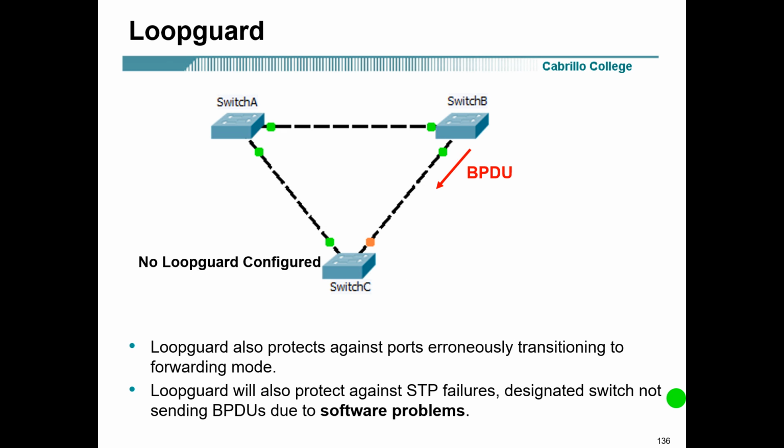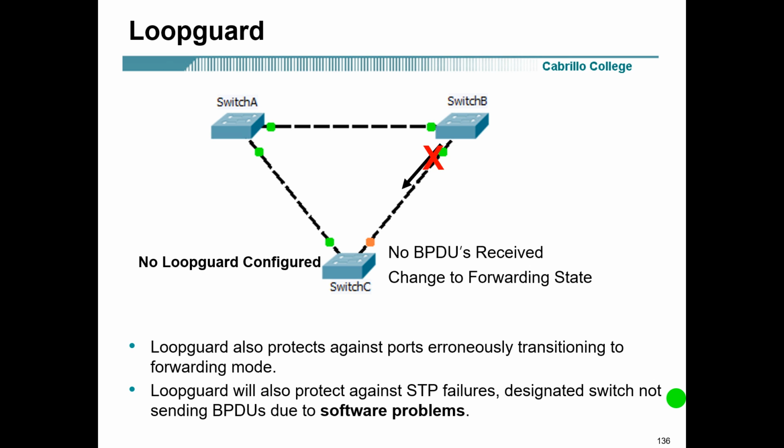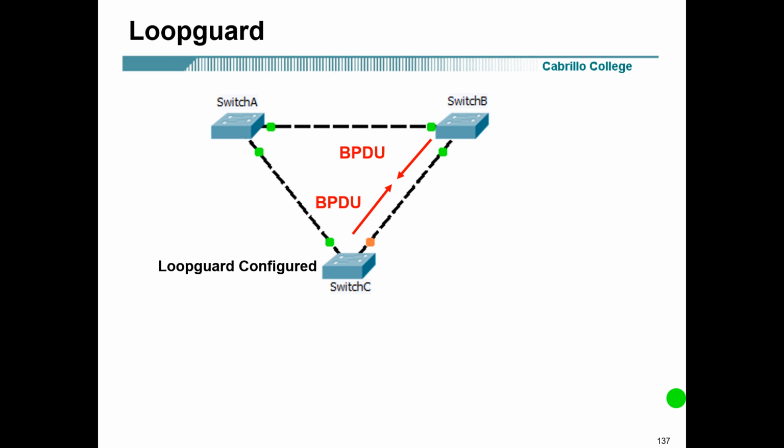Loop guard. Loop guard also protects against ports that erroneously transition to forwarding mode. Loop guard will also protect against STP failures, designated switches not sending the BPDUs due to software problems, and more. For example, switch B not sending it to switch C. If switch C does not get the BPDU from switch B, it will change to a forwarding state, i.e. cause a loop.